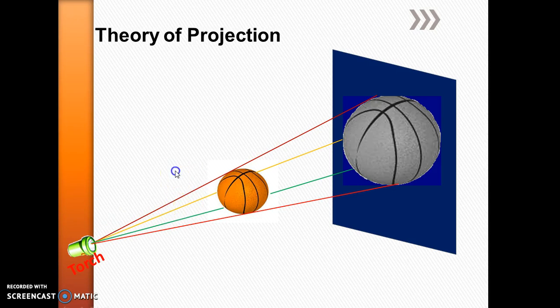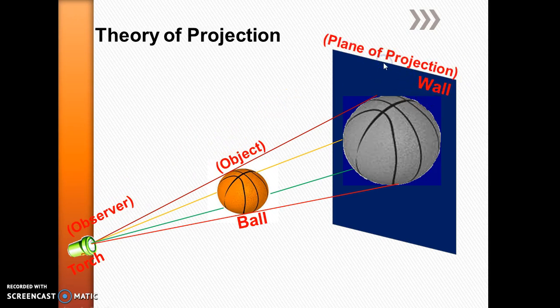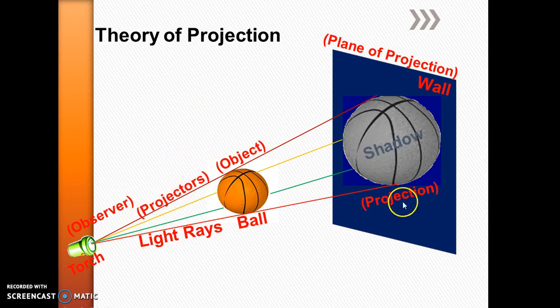In engineering terms, this is called the observer, this is the object, and the wall is called the plane of projection, and the light rays are called projectors, and the shadow is called the projection.